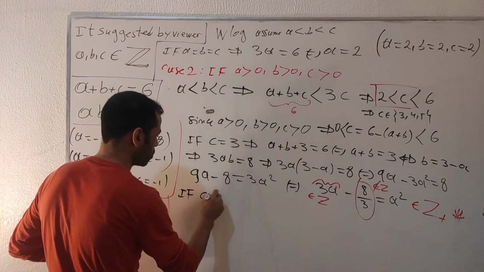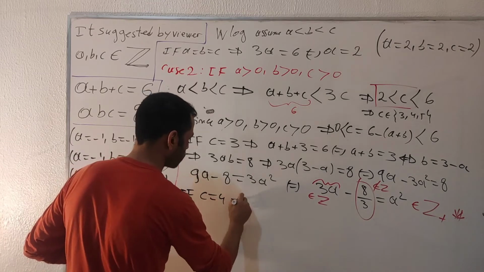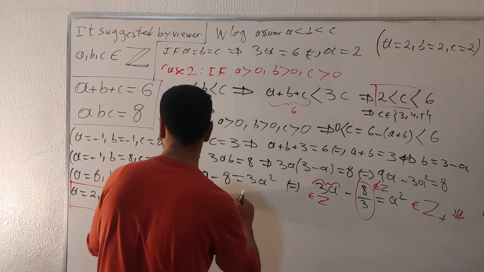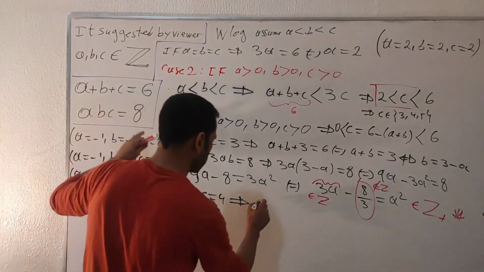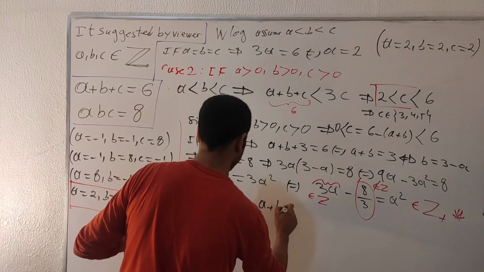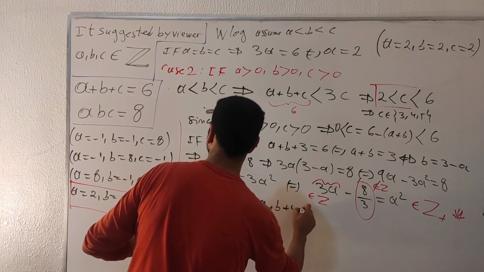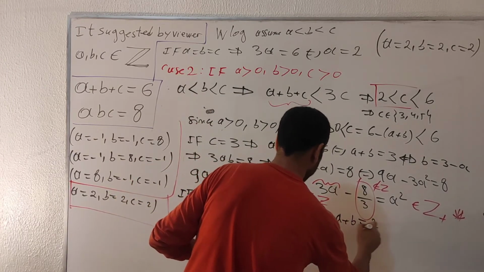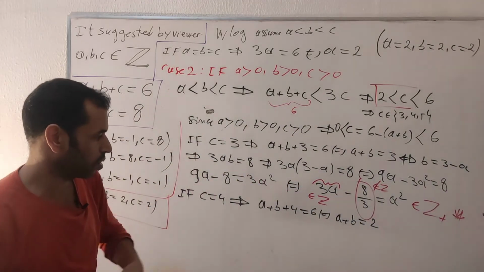If C equals 4, by doing the same thing, inserting 4 into the first equation, I get A plus B plus 4 equals 6, equivalent to A plus B equals 2, because by bringing 4 to the right, I get this result.